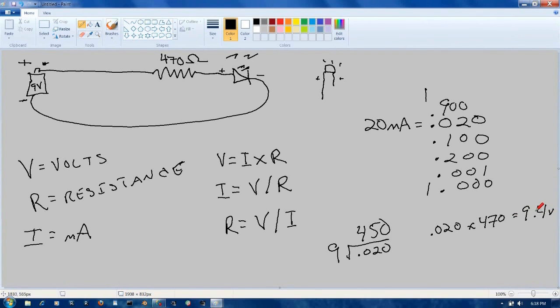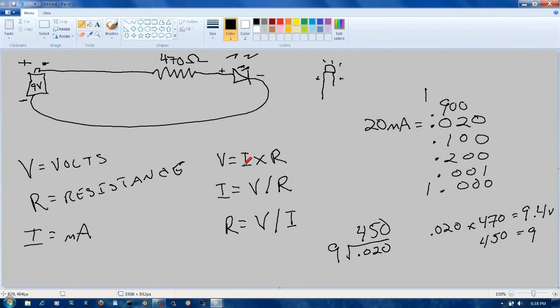Why isn't it exactly 9 volts? Because this isn't 450. If this was 450, it would be 9 volts exactly. But it's not.